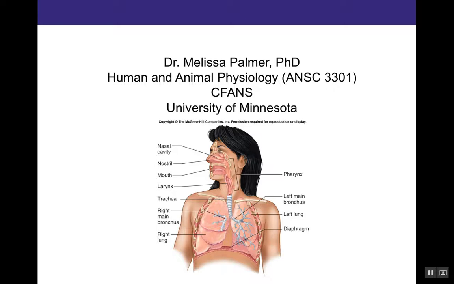So it makes sense that it would be a sensor. It would detect the low oxygen environment, and it would upregulate proteins like hemoglobin. So this is kind of an interesting idea.